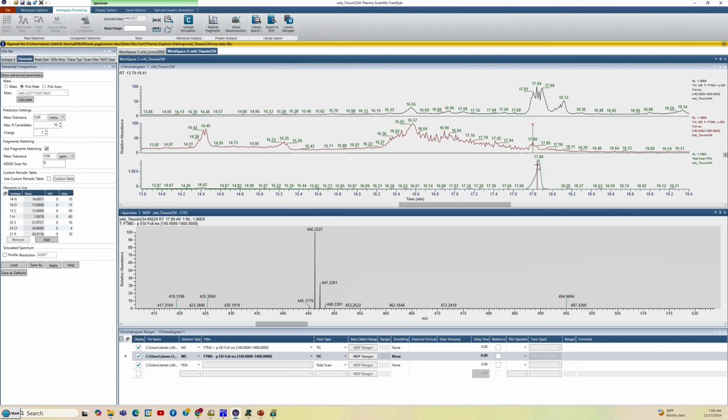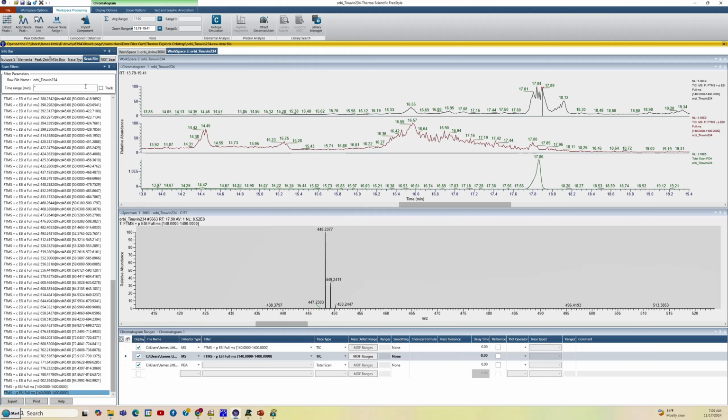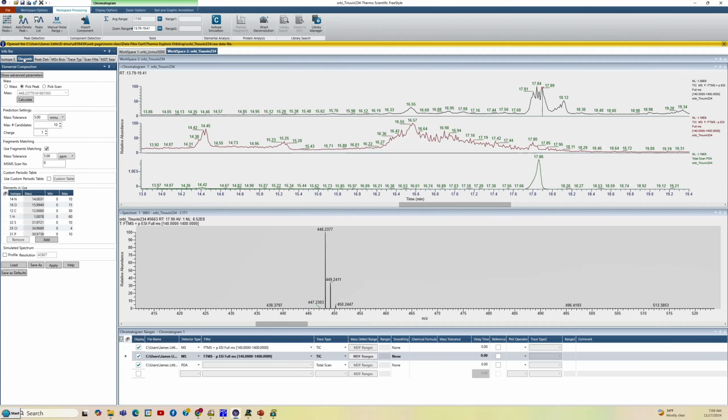And what we'll do is we'll go up and we'll left click on the positive, and it sends the accurate mass to the spectrum window here. You can see the nice isotope ratios that are here, and we've got the accurate mass. Normally one would have the scans over here, but we'll go up here to the top and go to the elemental tab.